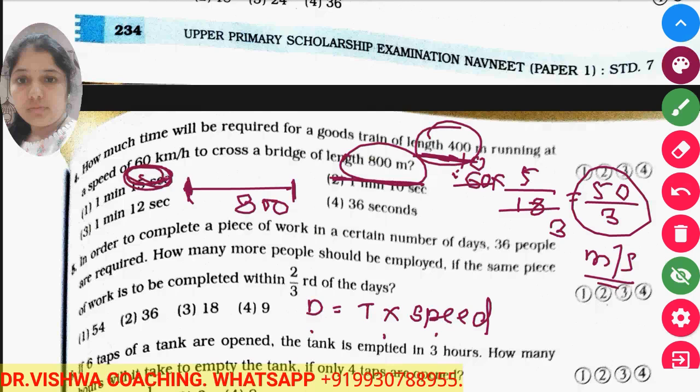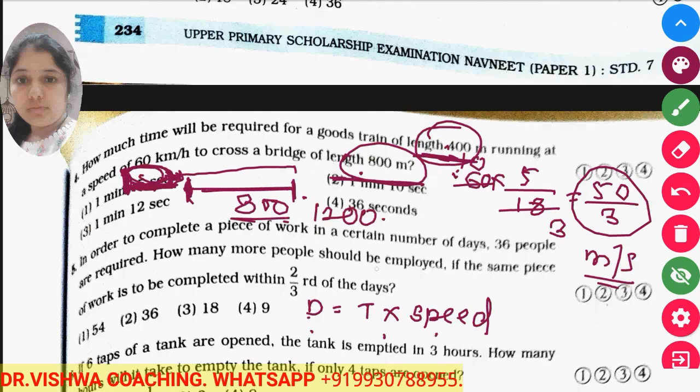When the engine end starts from the beginning point of the bridge, it will cross the bridge up to 800 meter, but for the end part of the train to cross the bridge completely, we also have to add the train length. So the total length is the bridge's length plus the train's length. So distance here is 1200.